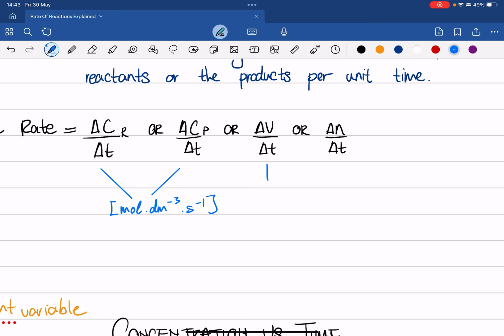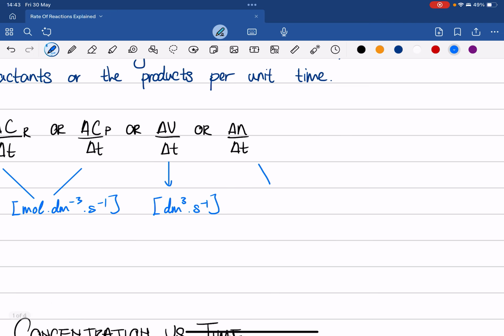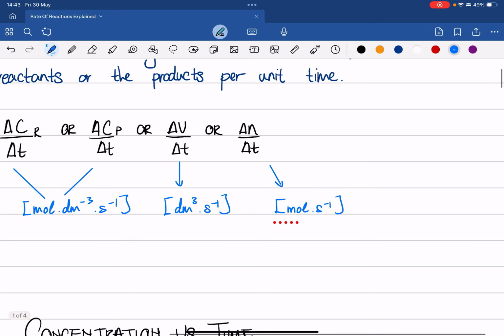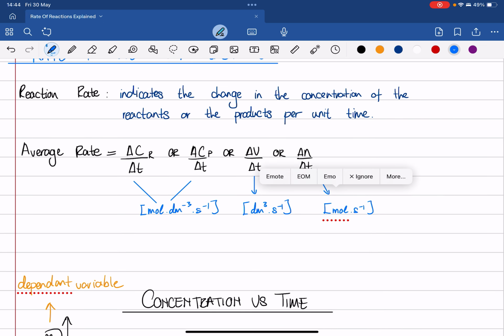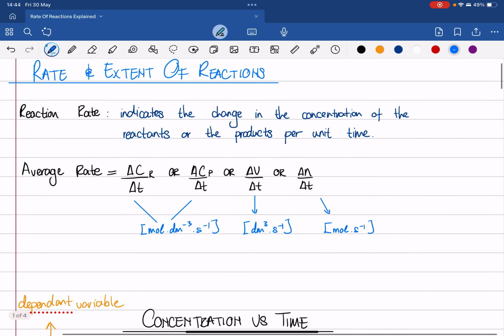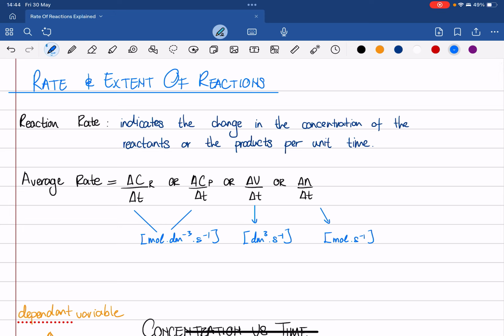If you're looking at volume, then the unit for your rate would be decimeter cubed per second. If you're looking at the change in the number of moles, then that would be moles per second. So it really depends what information you're given, and you use that to calculate the rate.